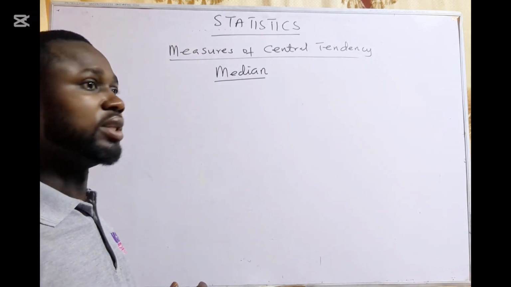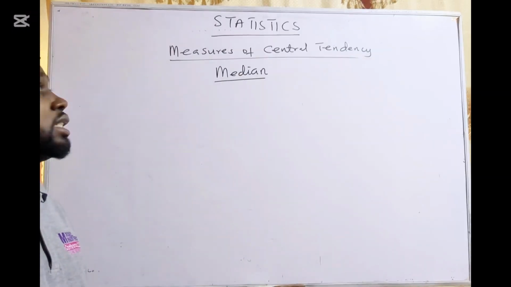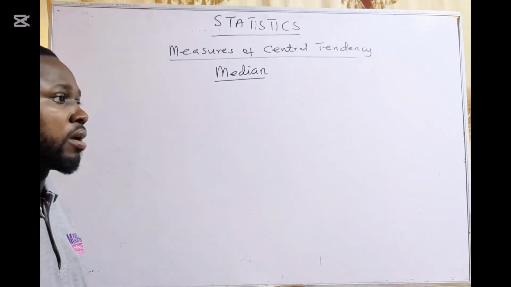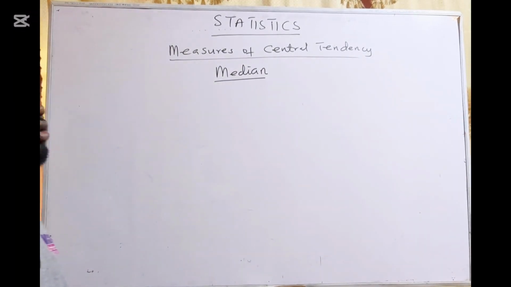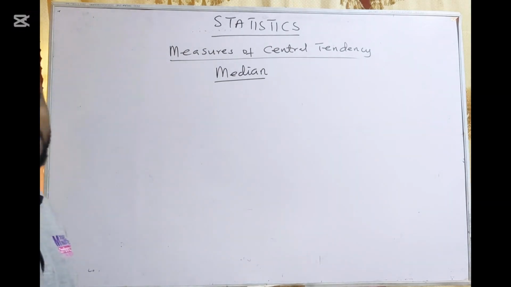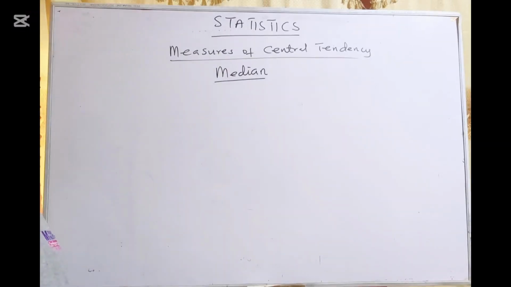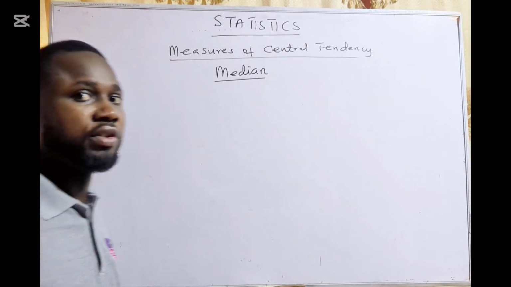Preferably in ascending order, from the lowest to the highest, and then you find the middle value of the data. What you have to take note of is the number of values, or if it's a frequency table, the total frequency.